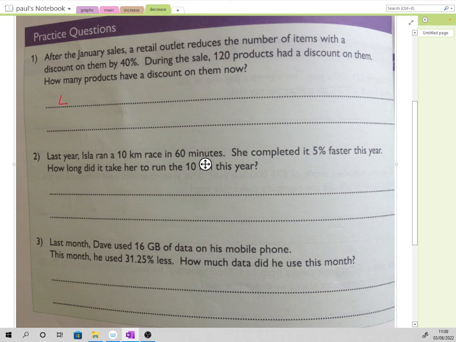So let's find out what 40% of 120 is. 40 divided by 100 times 120 is 48. Then remember it's a subtraction. So 120 take away 48 is 72.